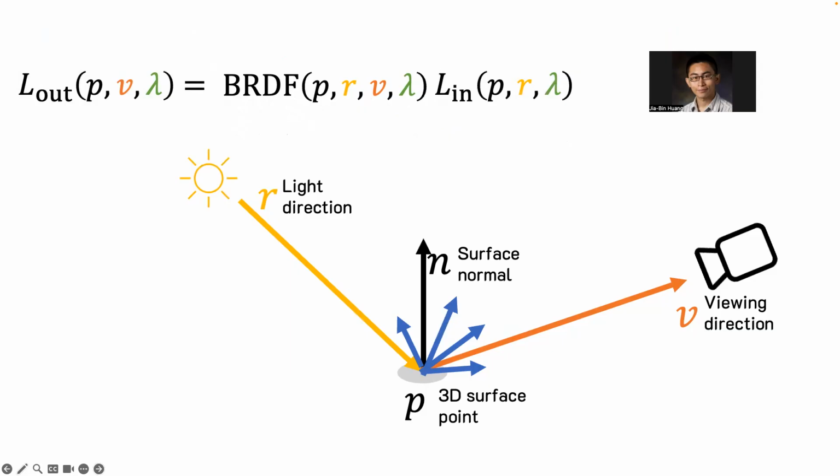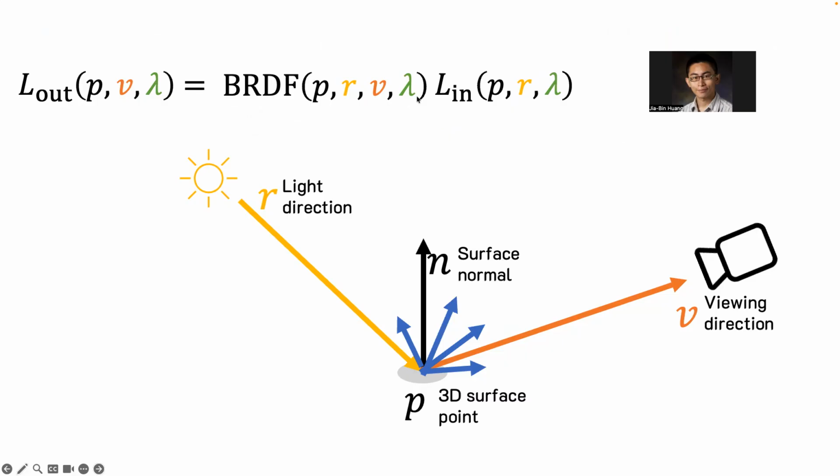Basically, it characterizes how the surface, if I have a specific light from this direction, would bounce in other directions. And lambda is the color of the light. So this is the input light source, and this basically tells you the characterized behavior of that surface point.